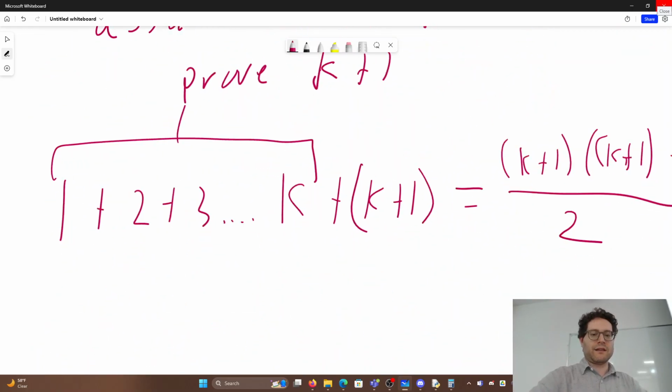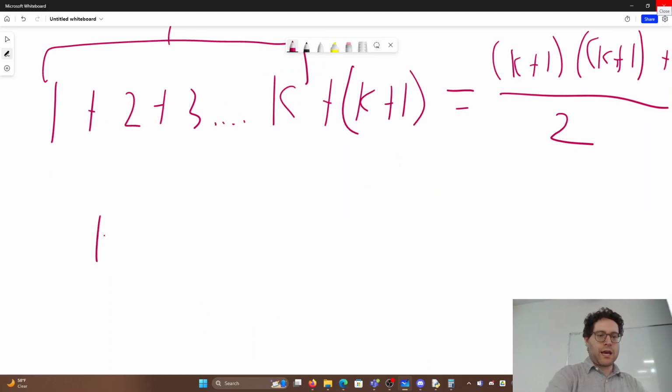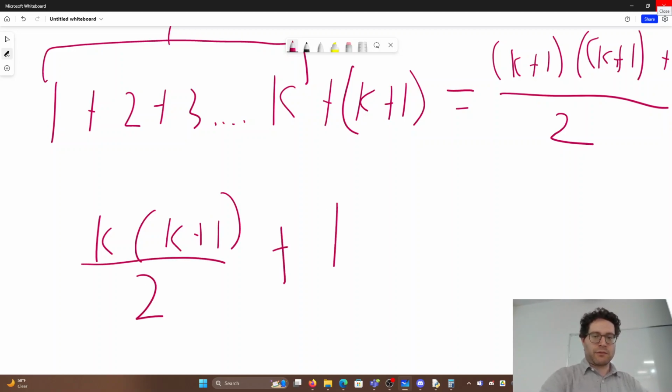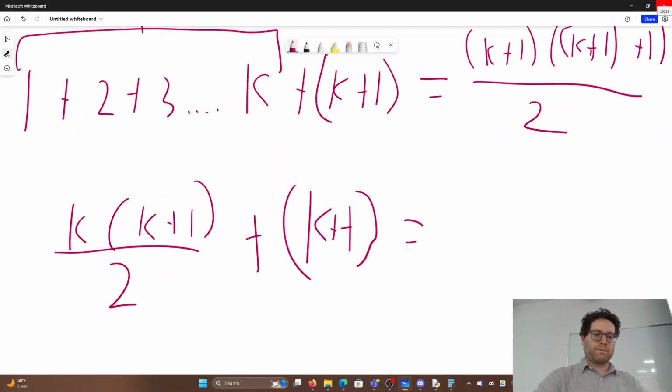We can replace 1 plus 2 plus 3 all the way up to k with k times k plus 1 over 2. And then we get plus k plus 1 over here, is equal to, and now we've got our identity. So now it's just a matter of converting one to the other.